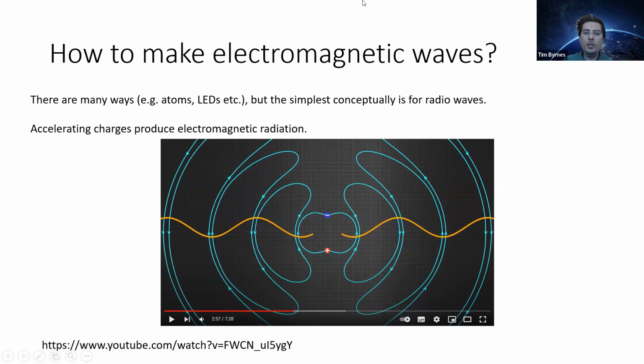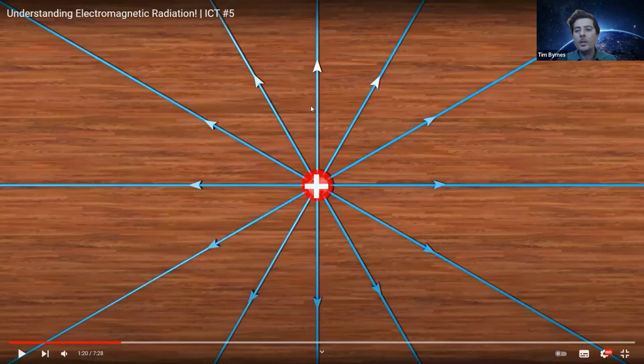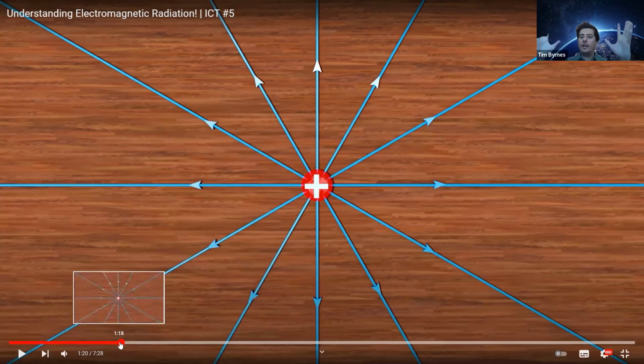Let me just borrow the graphics there. So here we've got a positively charged particle, and the electric fields all go out, radiating out in all directions, right?